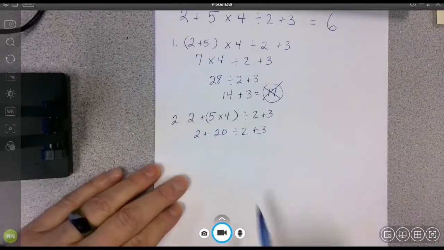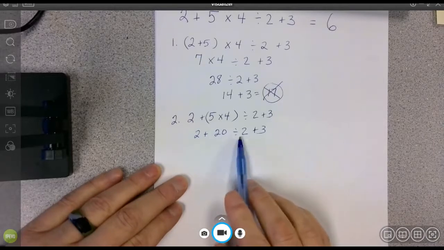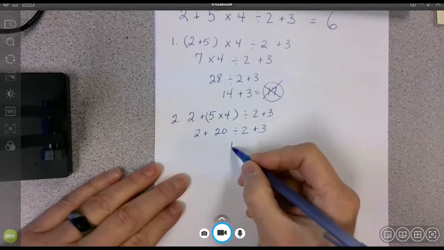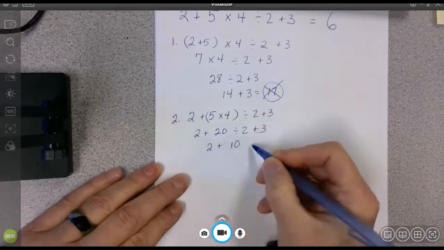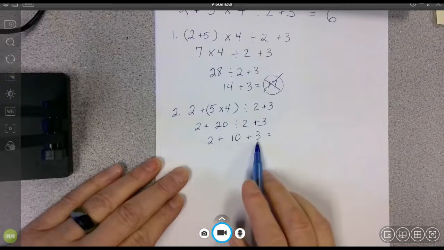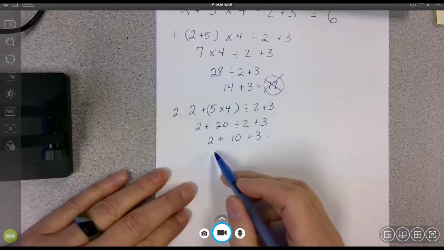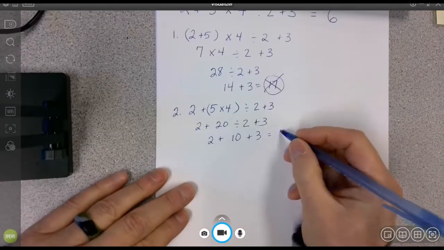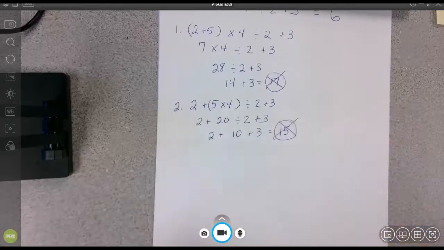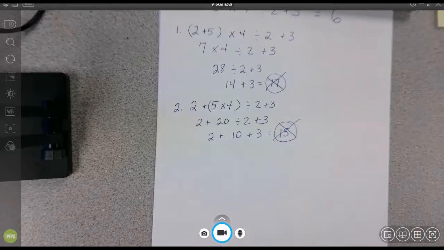Okay, then I have addition, division, and addition. Well, I know I have to divide before adding. So 20 divided by 2 is 10. I can bring the rest of my problem. Then I have 2 plus 10 plus 3. Well, I can do all three of those. So 2 plus 10 is 12, plus 3 is 15. Again, 15 is not 6.